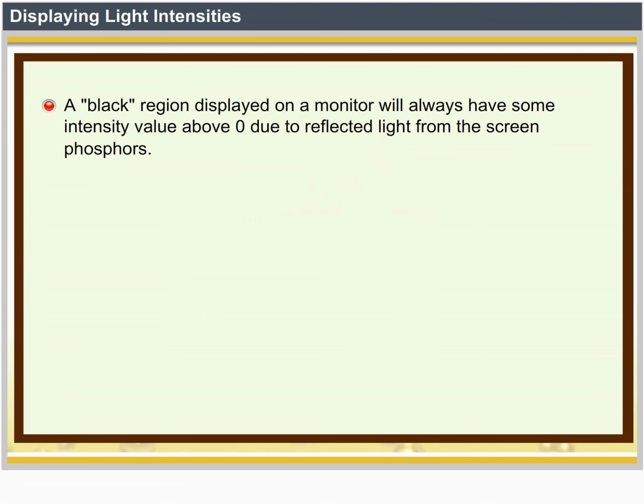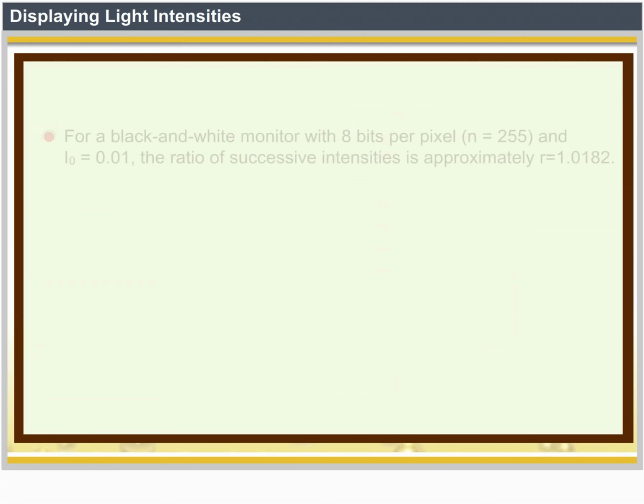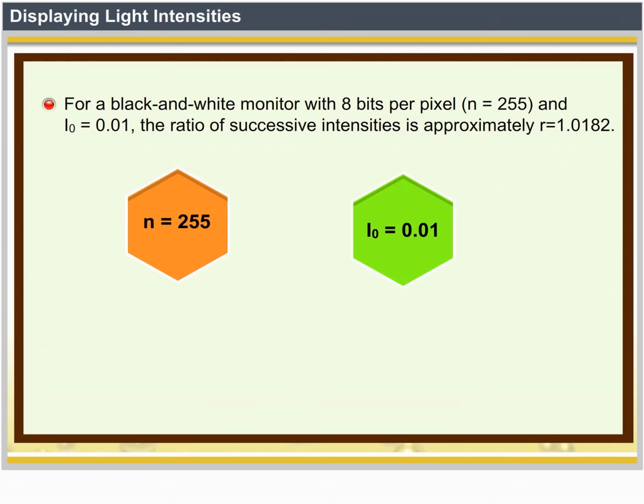A black region displayed on a monitor will always have some intensity value above 0 due to reflected light from the screen phosphors. For a black and white monitor with 8 bits per pixel, n equals 255 and I0 equals 0.01, the ratio of successive intensities is approximately R equals 1.0182.